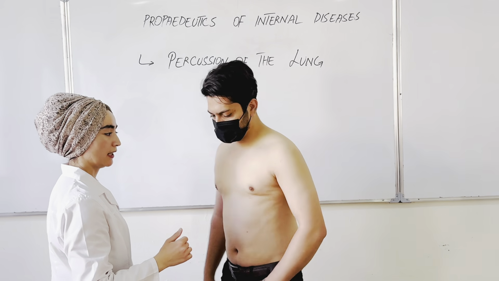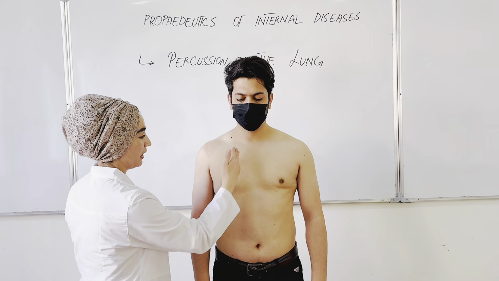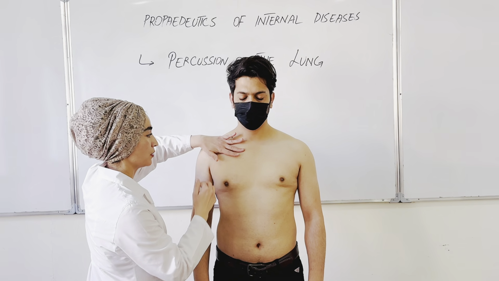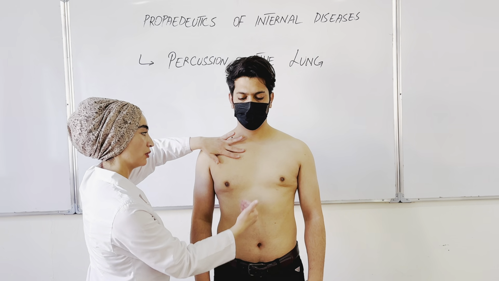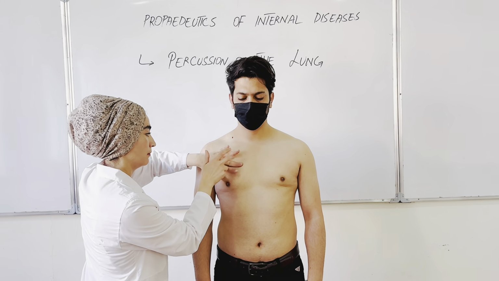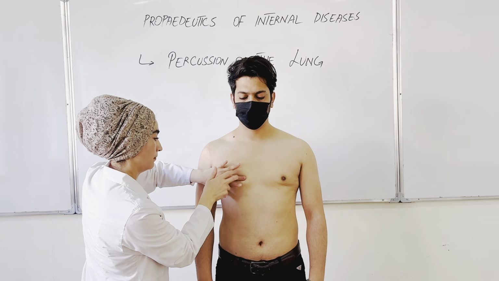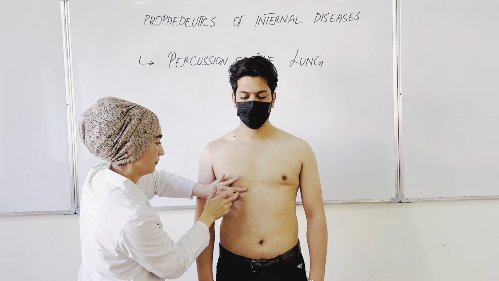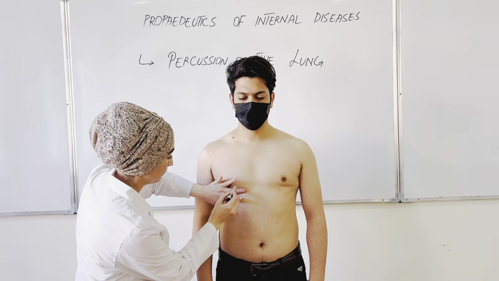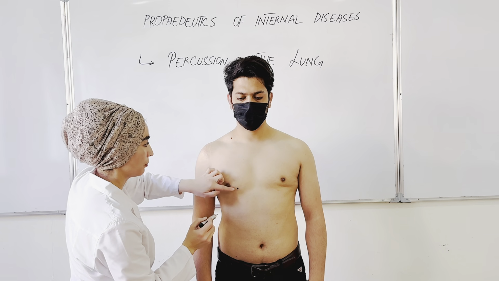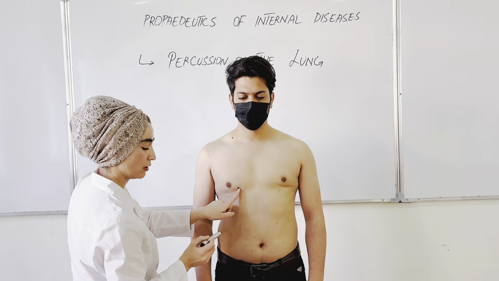Every time we start from the parasternal line, at the first intercostal space, from clear sound to dull sound. Here is dull sound. The normal location of the lower border on the parasternal line is the 5th intercostal space.